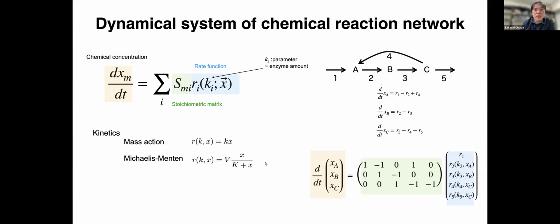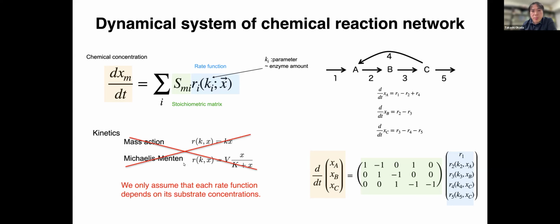Finally, about reaction rate functions, people often assume specific kinetics like mass action kinetics or Michaelis-Menten kinetics. But as I mentioned earlier, we don't have precise knowledge about what kinetics are realized in living cells. So in our approach, we don't assume these specific functions; we only assume that each reaction rate function depends on its substrate concentrations.